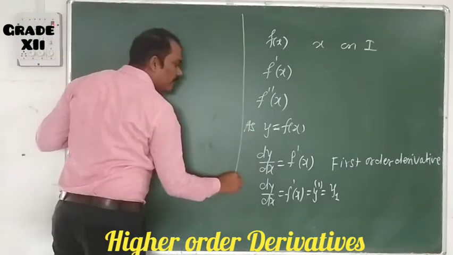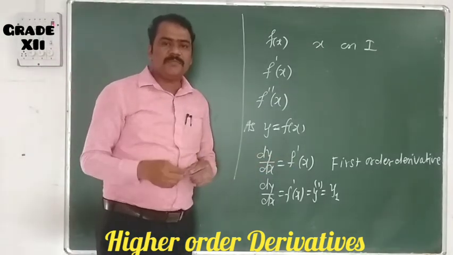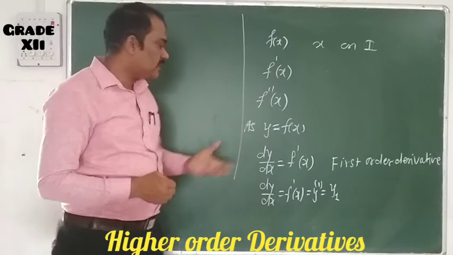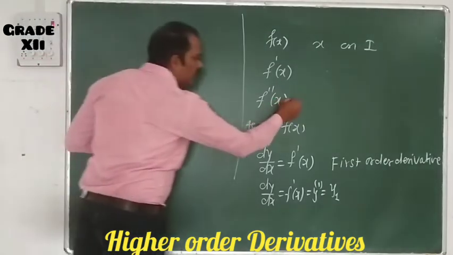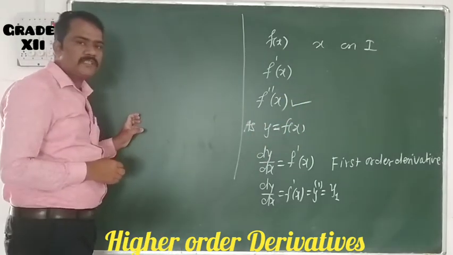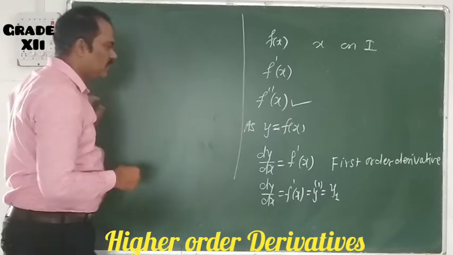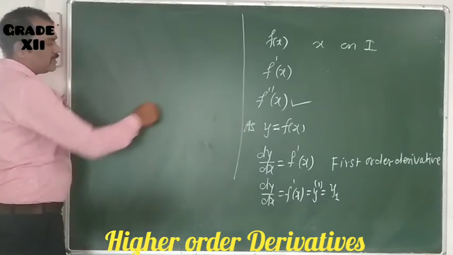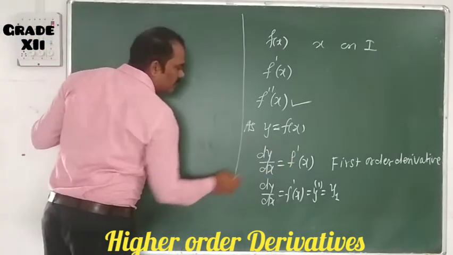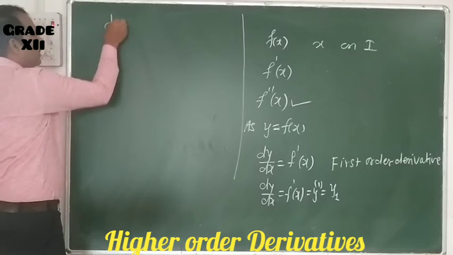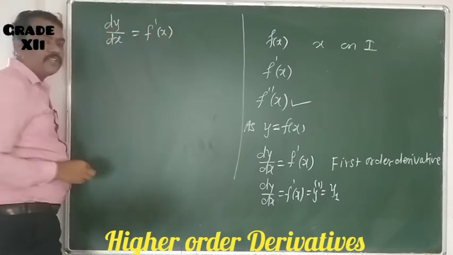Suppose this f dash of x is again a differentiable function of x, then its second order derivative, or second derivative, is denoted by f double dash of x. According to the Leibniz notation, how do we write this? We see that dy by dx is equal to f dash of x, the first order derivative.